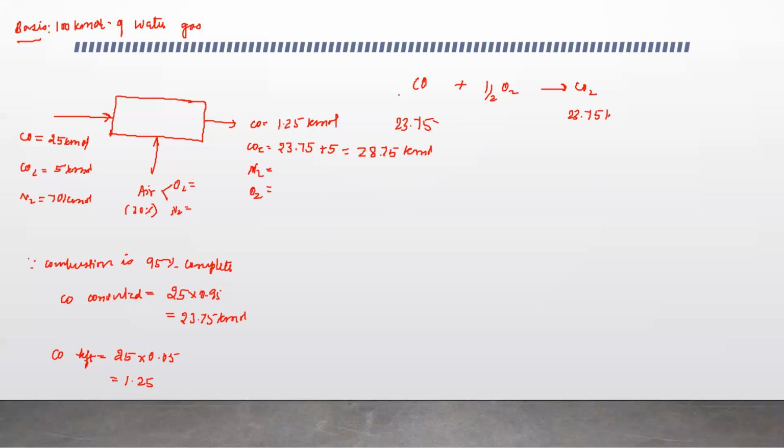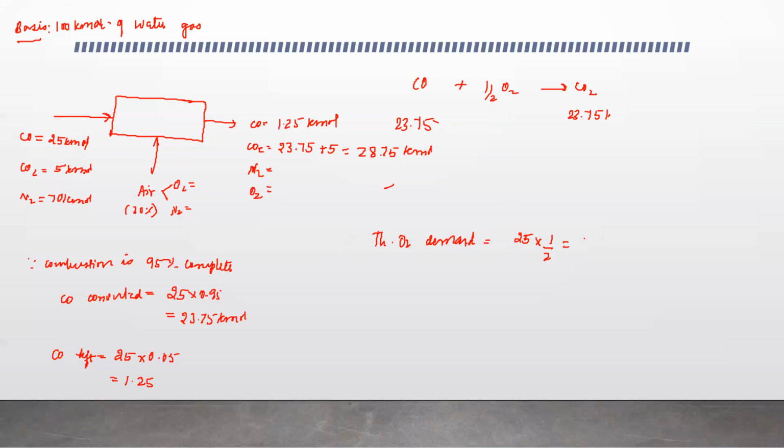Now our desired reaction is this, and what we desire is that all the carbon monoxide gets converted into carbon dioxide. So theoretical oxygen demand is going to be the oxygen that is required to convert all this carbon monoxide into carbon dioxide. Carbon monoxide is in total 25 kilomole, and per kilomole we require 1/2 kilomole of oxygen.